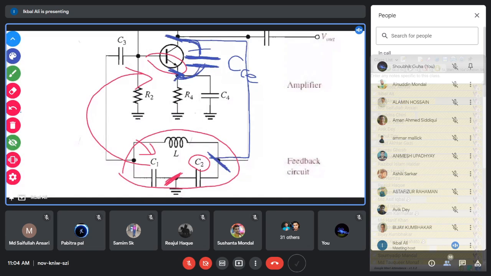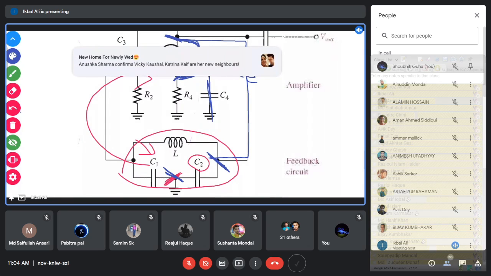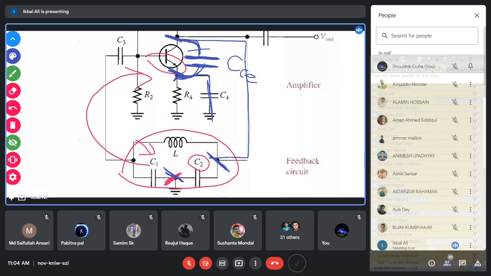Now, you know that for AC operation, C4 will be short circuited. So this end is connected to ground because of the short-circuited C4. So this CCE, the stray junction capacitance between collector and emitter, becomes parallel to C2. There you see a parallel capacitor, the junction capacitor between the collector and emitter, comes in parallel with C2 here.